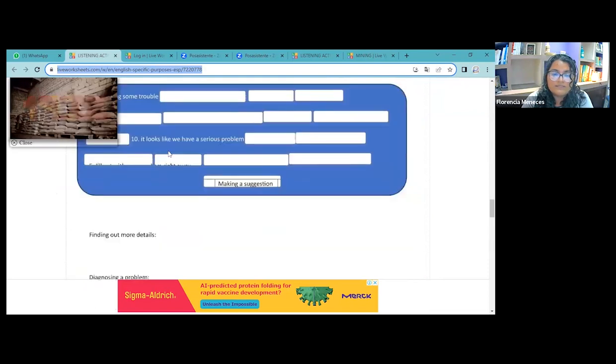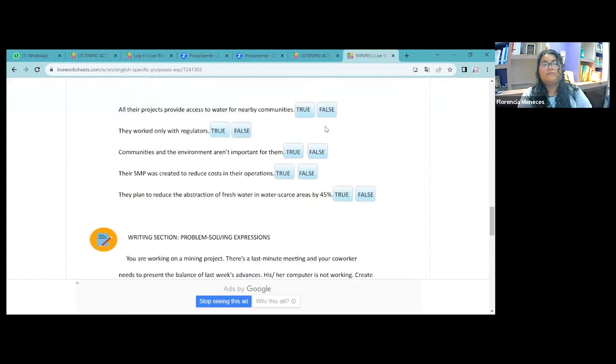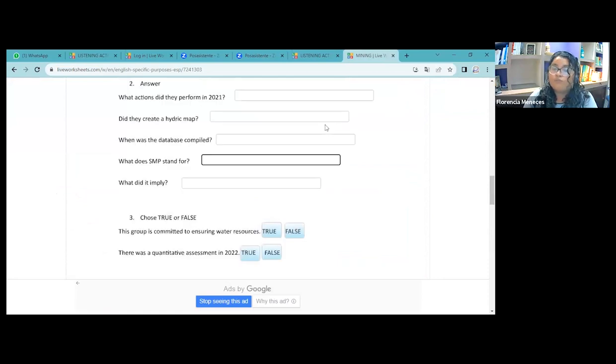So this is something that you will have to do related to the listening activity. So pay attention to this. It's going to be the format because we're working on the 4 main skills. And then later on, we're going to practice for the oral exam.